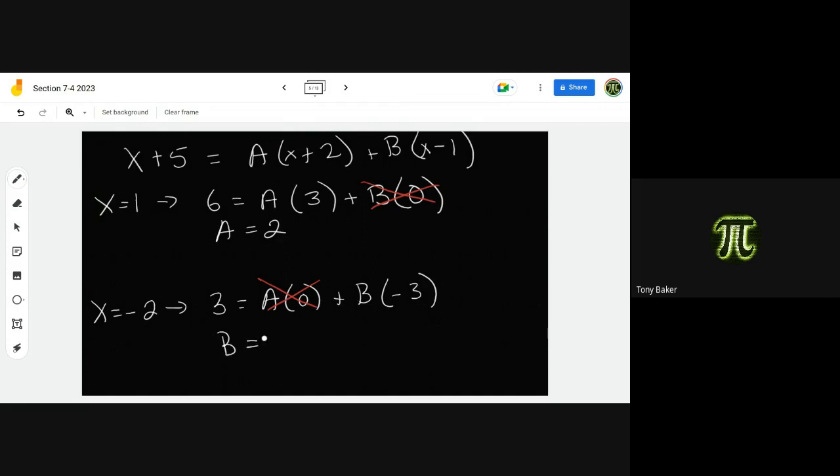So B equals negative 1. So my answer would have been 2 over x minus 1 plus -1 over x plus 2, which is what I originally had to begin with.